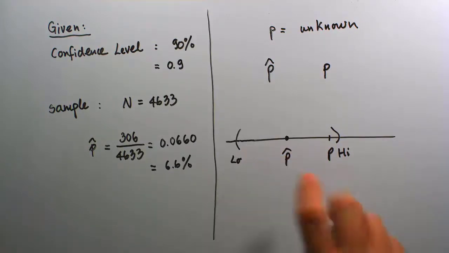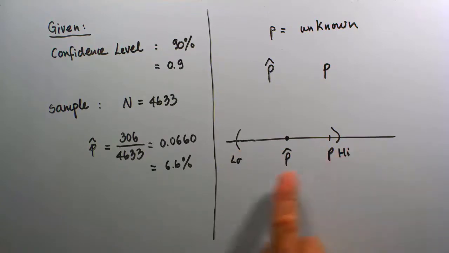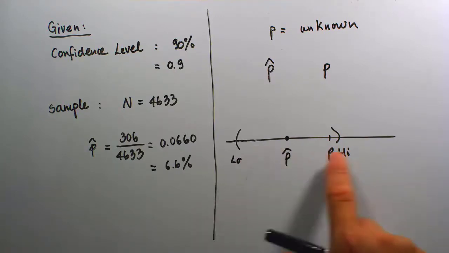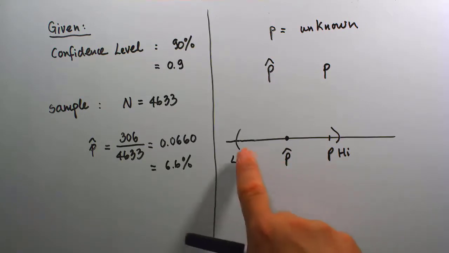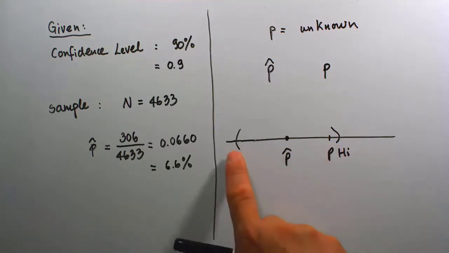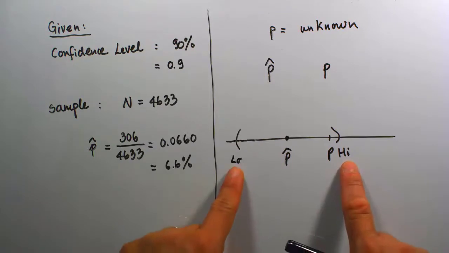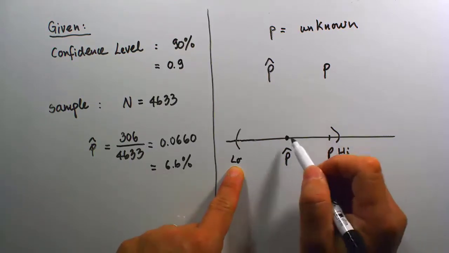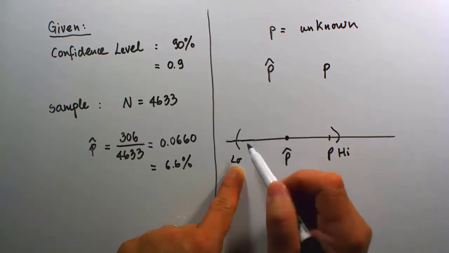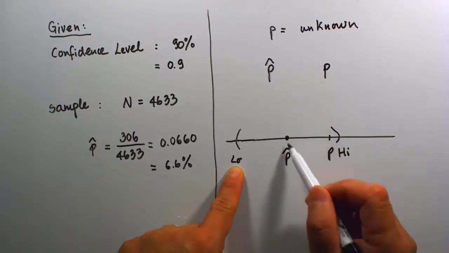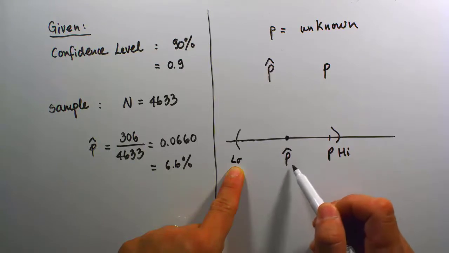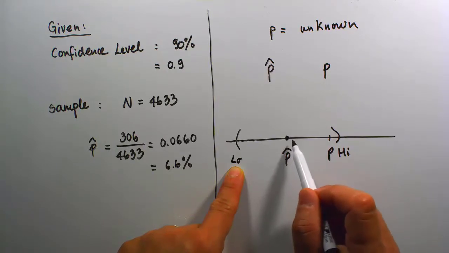So the idea now is that, if you can see right here from my picture, intentionally I'm constructing my interval in a way that the p hat value that I found is exactly in the middle of my interval. Of course, we haven't found the interval yet, but the plan here is that from where p hat is, I am going to create an interval right around p hat, taking p hat, our known sample proportion, as the middle point.